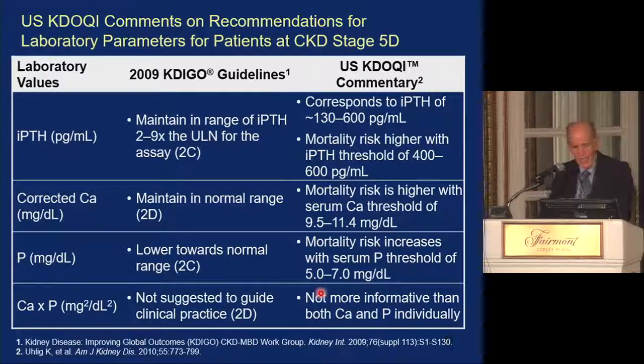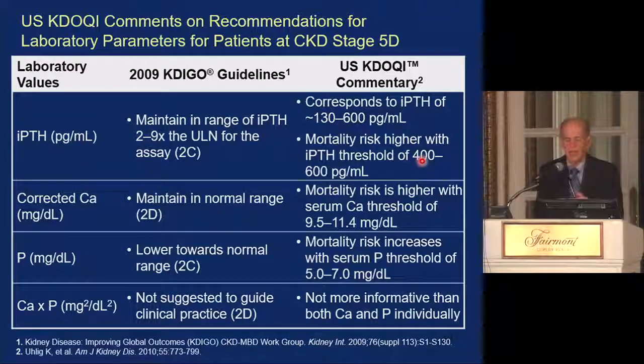So KDIGO suggests keeping PTH 2 to 9 times the upper limit of normal. KDOQI commented on KDIGO and basically agreed, but we all know that mortality starts to go up at about 400. So do you need 150 to 300?